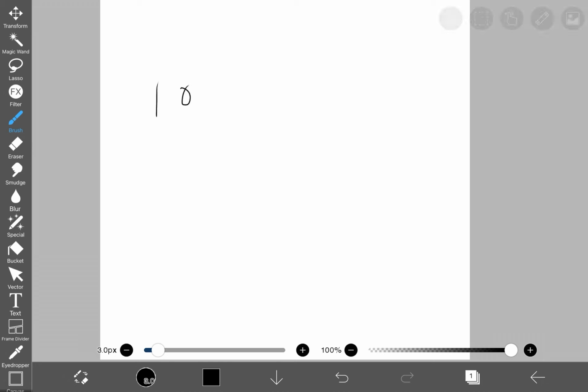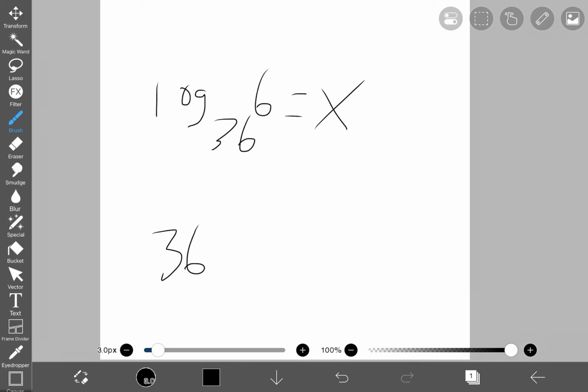Because we take log 36 to the 6, that's going to be equal to x if you think about it, but that is the same thing as 36 to the x equals 6, right? Because logs are just a rearranging of numbers. That's how we got there earlier.